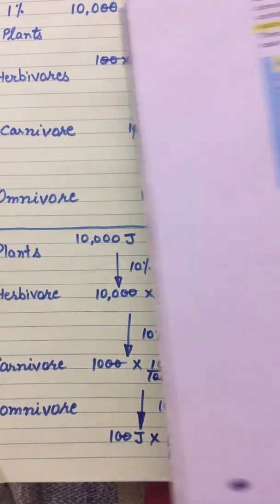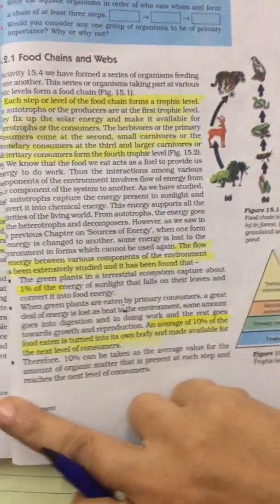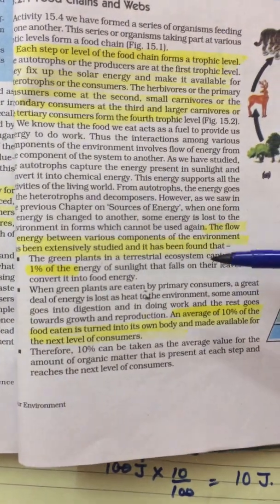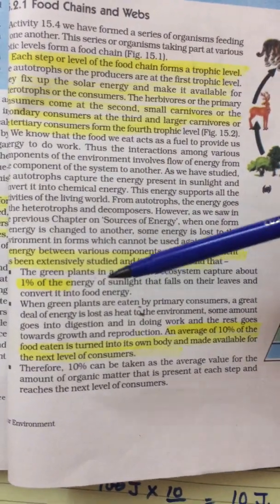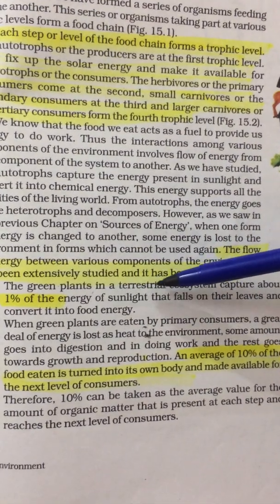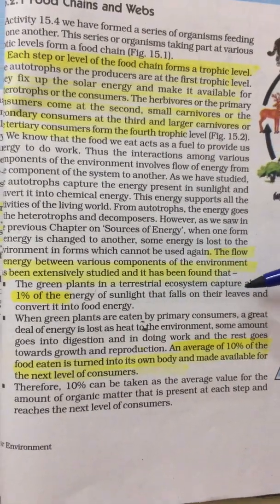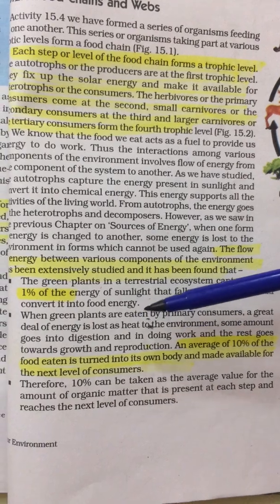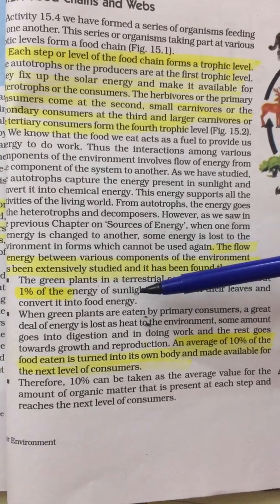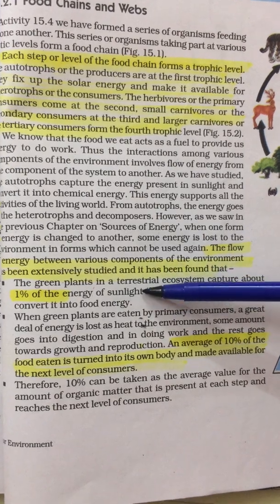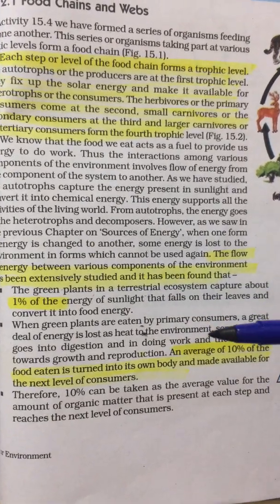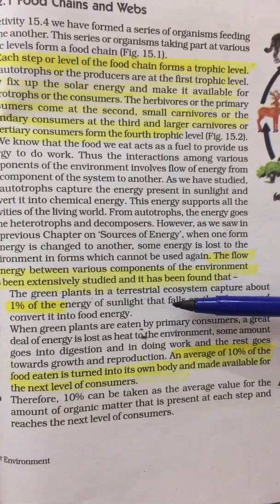Now from your book, the first point: only the green plants in a terrestrial ecosystem capture about 1% of the energy of sunlight that falls on their leaves and convert it into food energy. That is, 1% is absorbed by the green leaves of the plant, of what falls on the surface of the leaf.